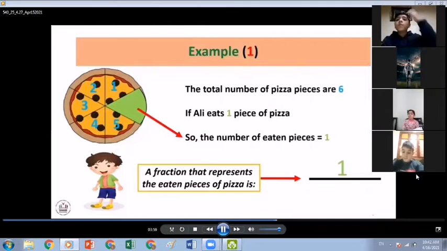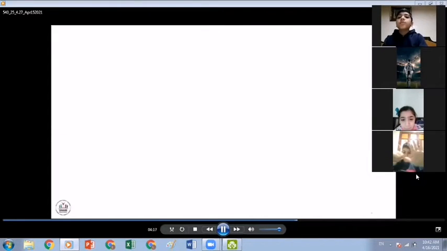The number of eaten pieces represents the numerator, it must be 1, and the whole number of pieces represents the denominator, that must be 6, and we read it 1/6.